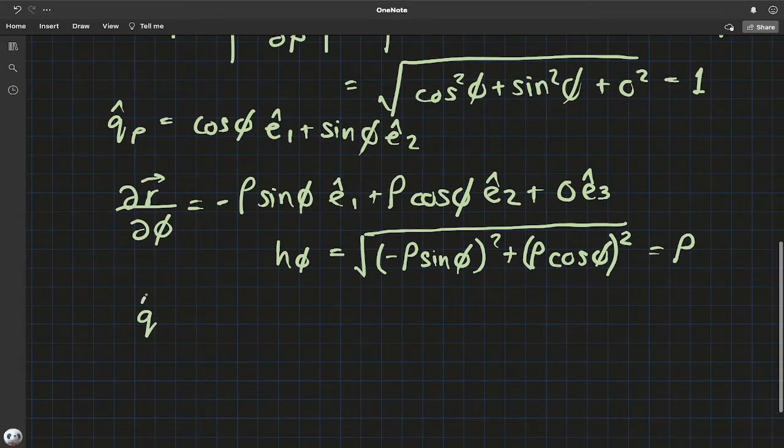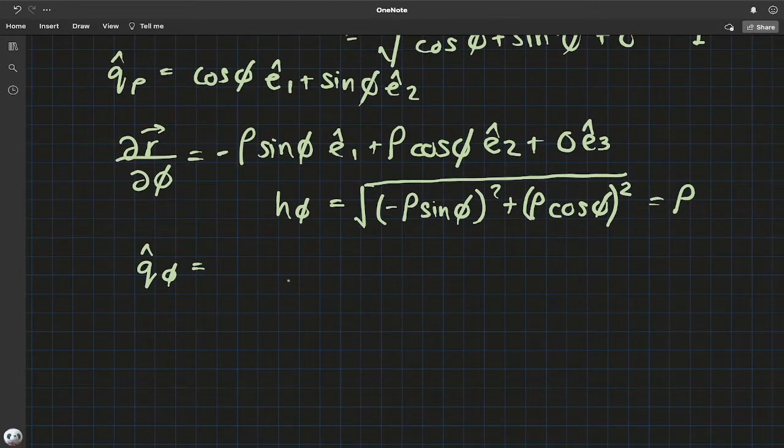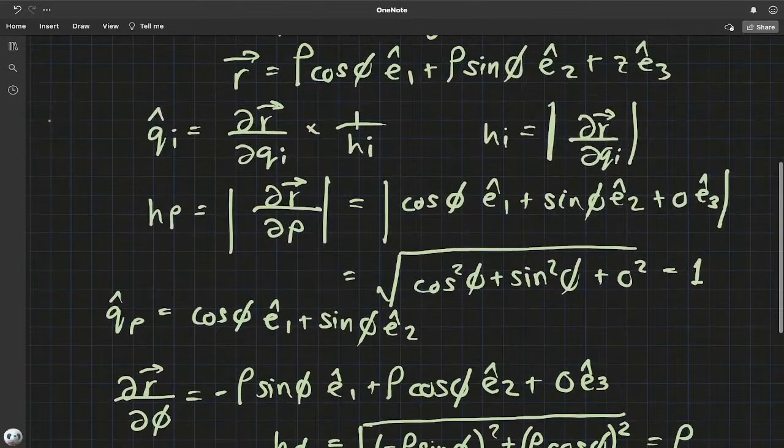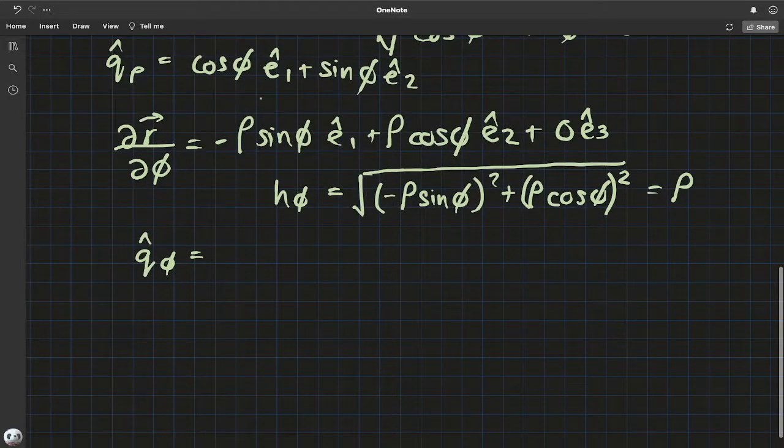Now to find the basis vector q sub phi hat, I'm really sorry for messing up my Greek letters. Okay, so what we do is we have this guy. You just divide this by rho according to this formula here. Basically normalize this partial derivative operation. So you just get negative sine phi e1 plus cosine phi e2.